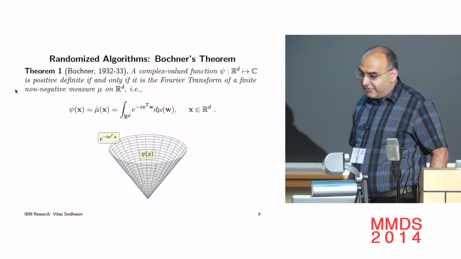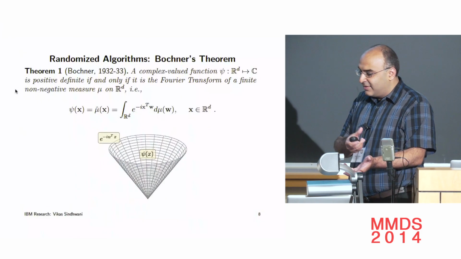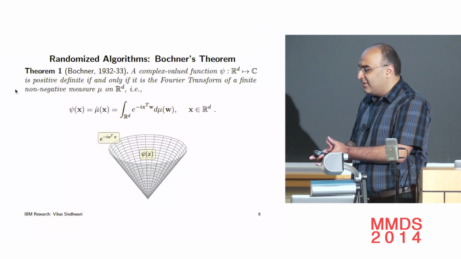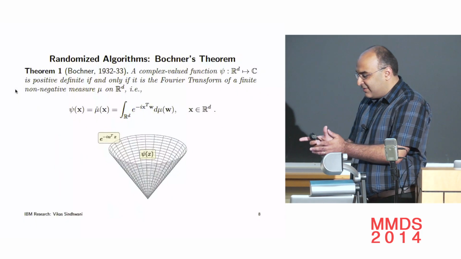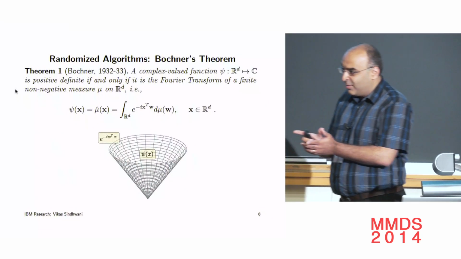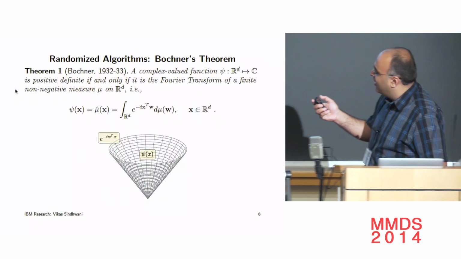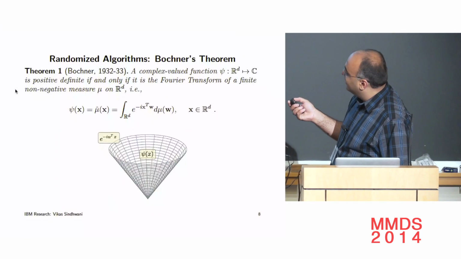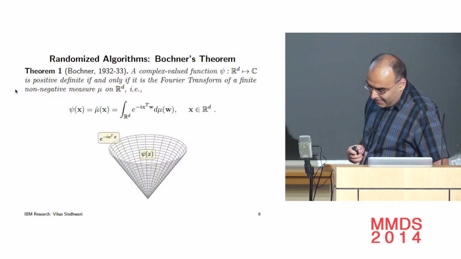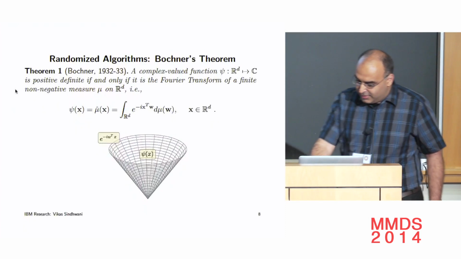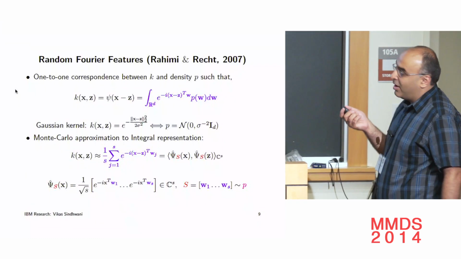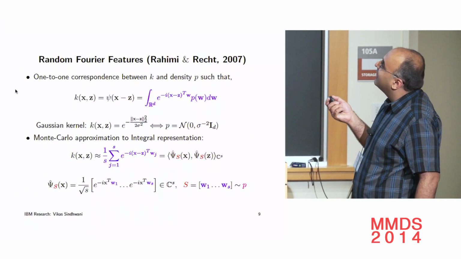So if you like to think of the analogy between positive definite matrices and positive definite functions, the symmetric positive definite cone is spanned by extreme rays, which are the symmetric rank 1 matrices yy transpose. And here you can think of all positive definite functions as living in this cone spanned by these complex exponentials parameterized by w.